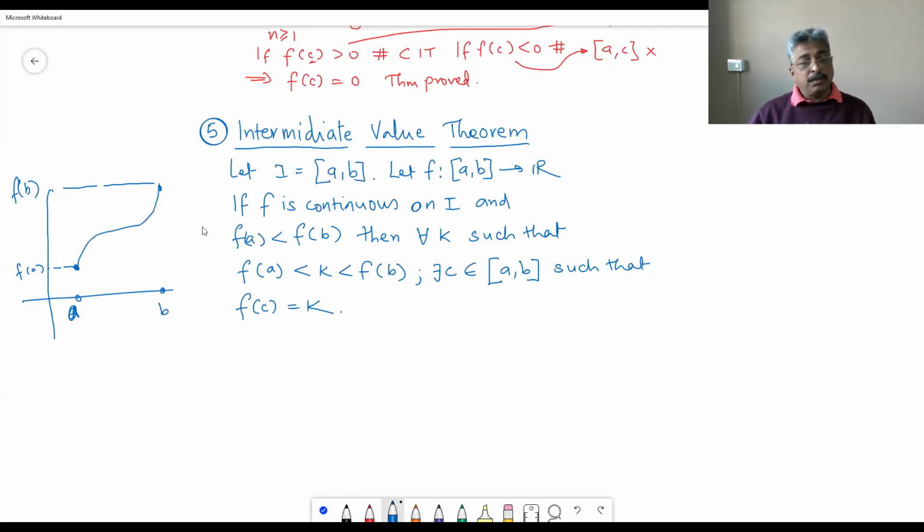Then for every k which is between f(a) and f(b), that is any value between these two, suppose I take this value, I go to the function, I get this, and this is my c. If I want this value, you go to the function and project, you will get this.